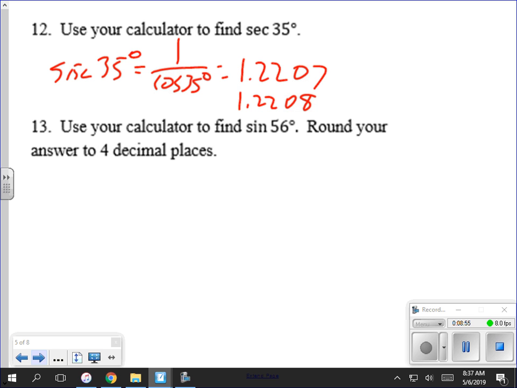Use your calculator to find the sine of 56 degrees. That's pretty easy to do. Sine 56 is 0.8290 to 4 decimal places. You can always go more decimal places. I am fine with that. 0.829037.